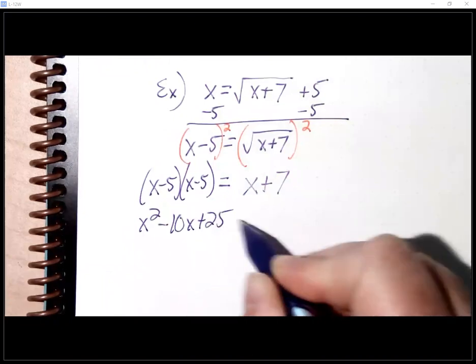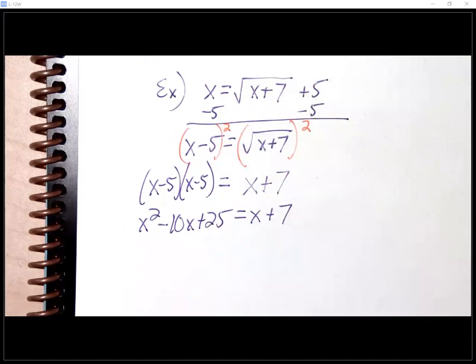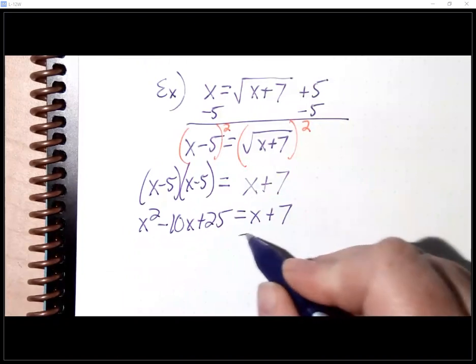So in this case, looks like we end up having a quadratic to solve. So just like we used to do when we have a quadratic, let's set the whole thing equal to 0. Let's minus x and minus 7.